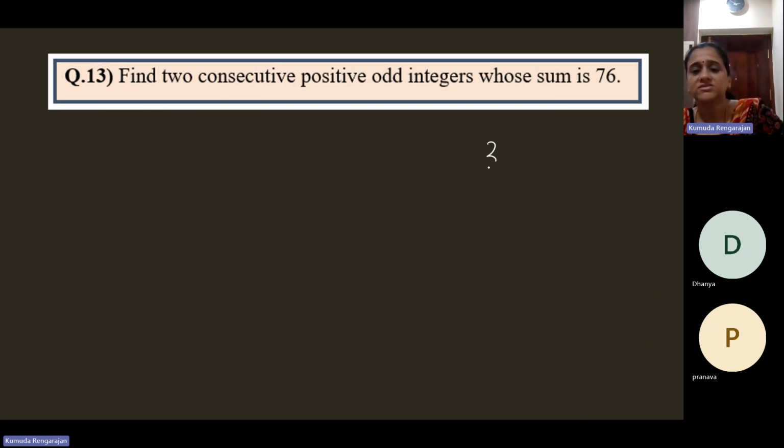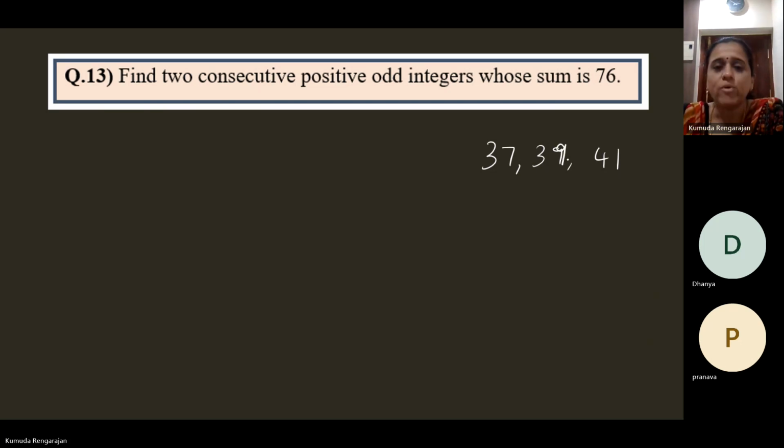Now see here, 37, 39, 41. These are three consecutive positive odd integers. Which is the odd integer that comes after 37? 39. The odd integer after 39? 41.